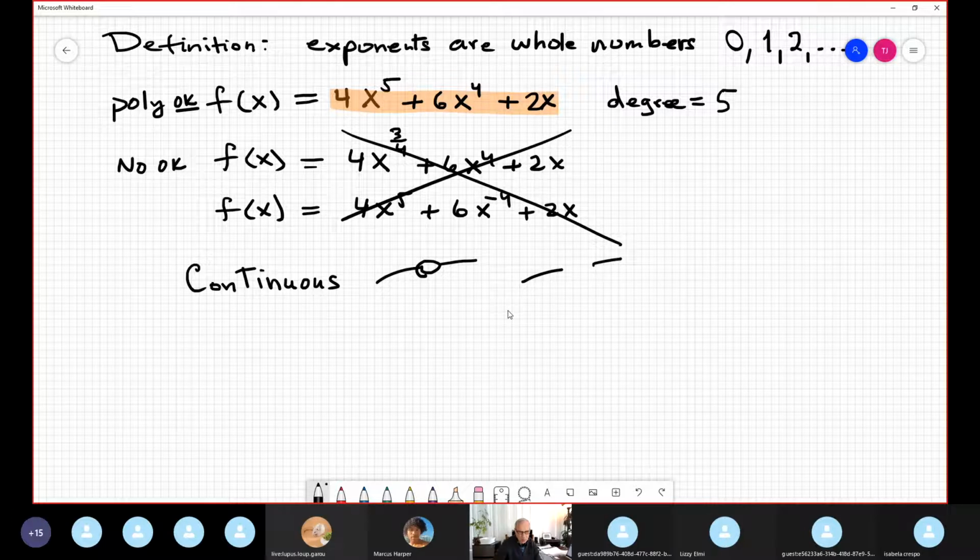In few words, a function is continuous when you can draw the graph without lifting the pencil from the paper. Continuous, it's smooth. It's smooth because we have no sharp points like that, no corner, no cusps like that. It's completely smooth.